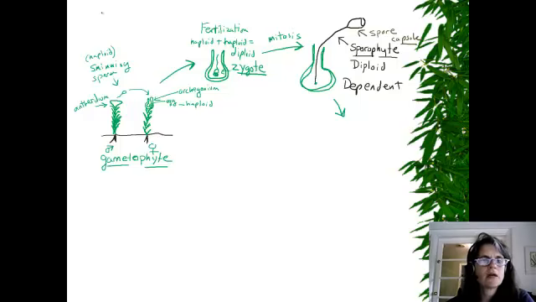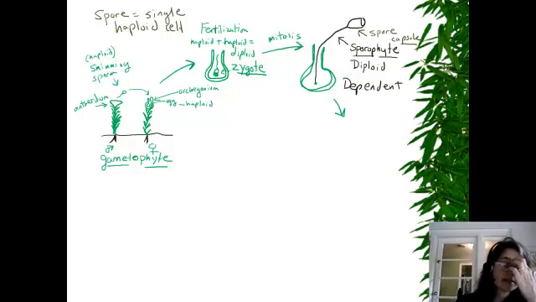I need you to understand that a spore is a single haploid cell. Okay, it is a single haploid cell. But it does not need to be fertilized like this egg did. It needed to be fertilized. It does not. It can start growing without fertilization. Okay? So, it is, though, a haploid cell.